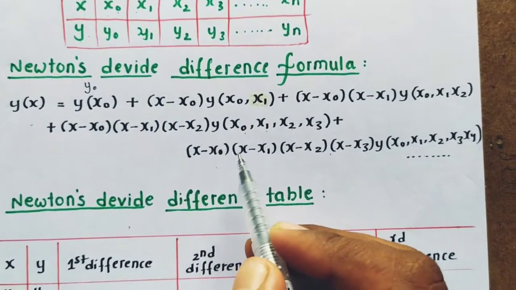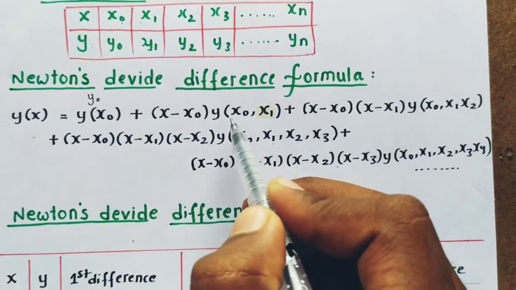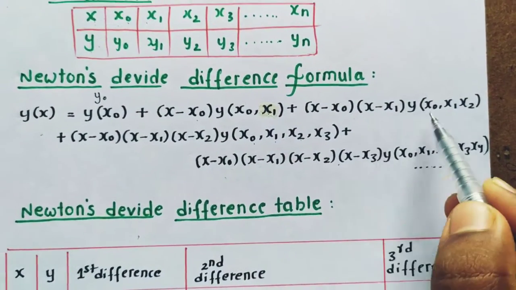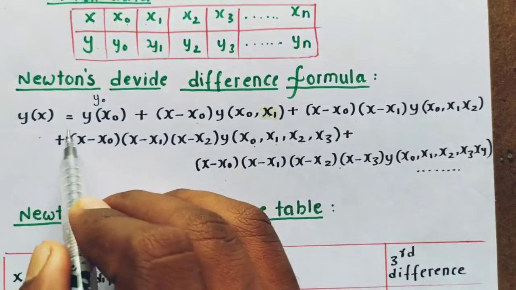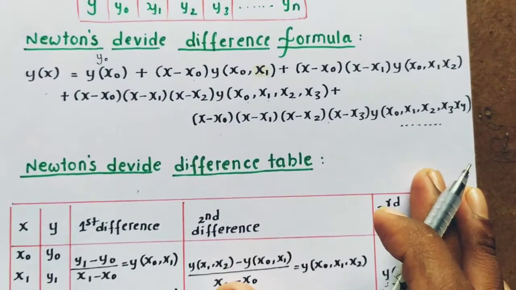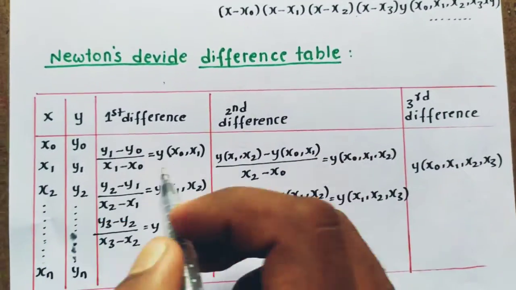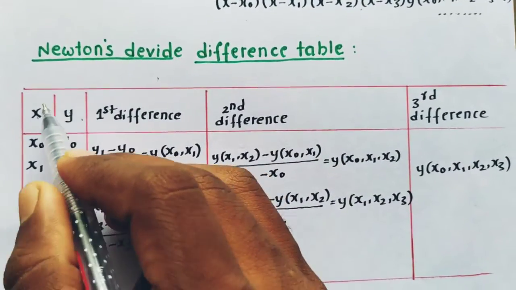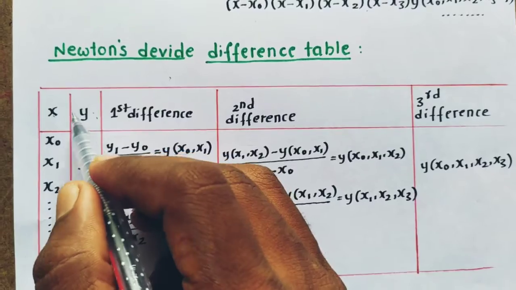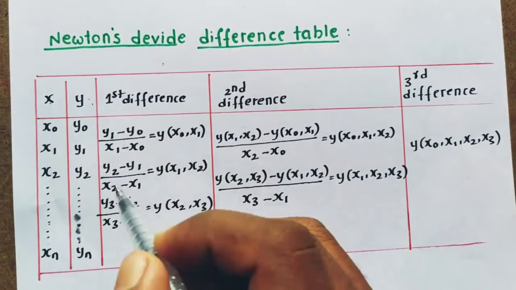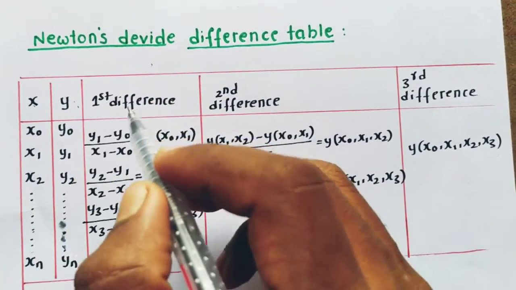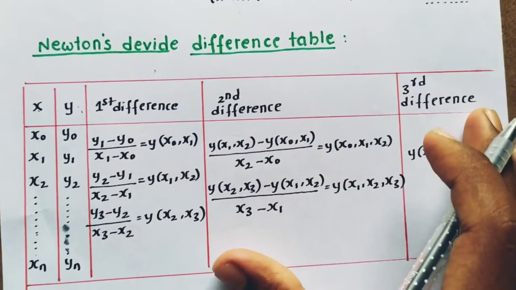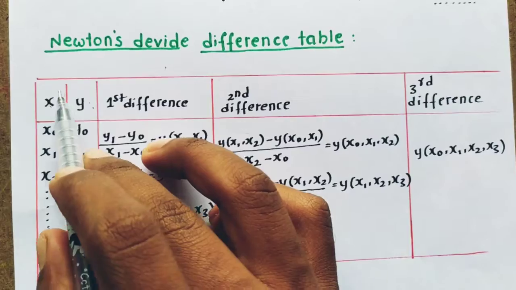To substitute the values of y of x0 x1 and y of x0 x1 x2, we use Newton's divided difference table. In this table the given values of x and y are known. We write the values of x and y and find the first difference, second difference, third difference and so on, depending upon the given values.